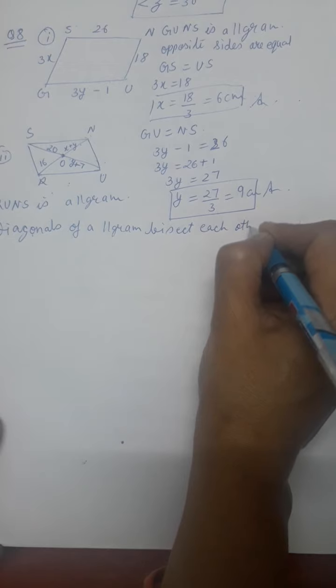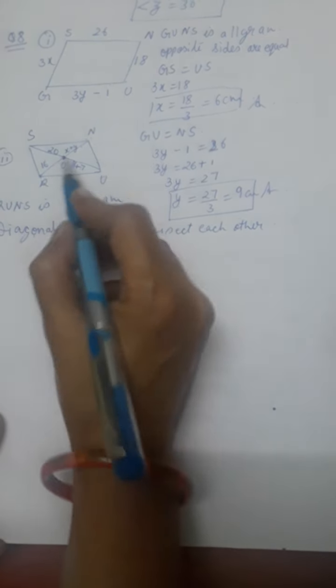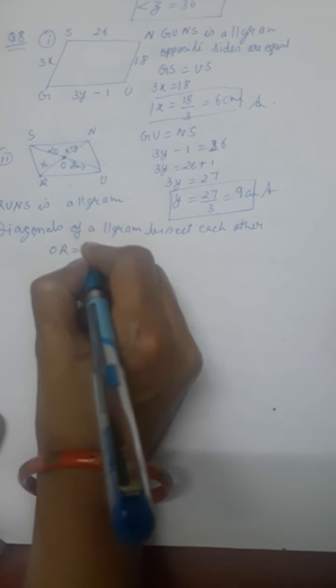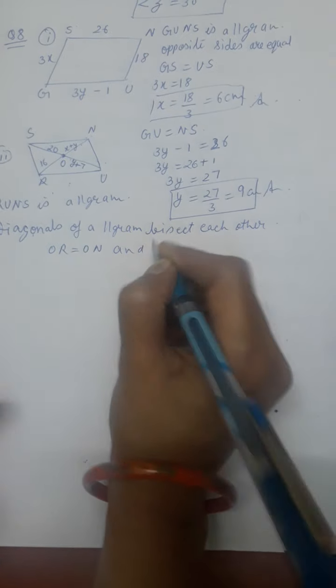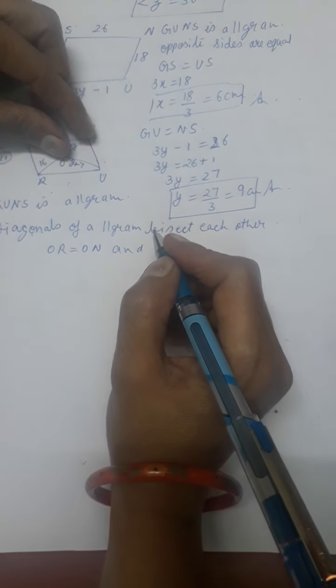Okay, bisect each other means OR will be equal to ON.